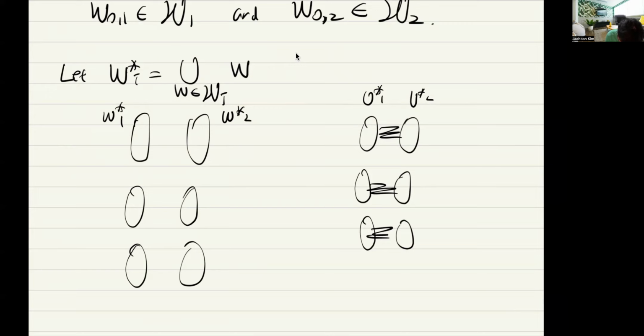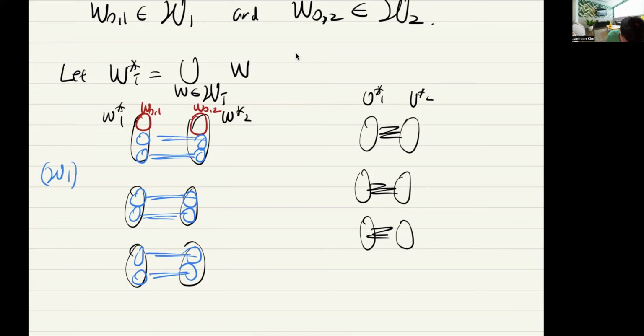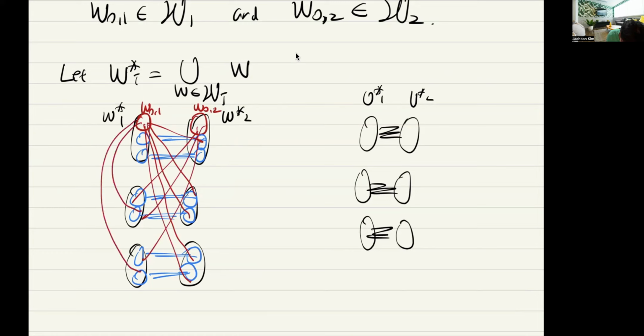And also, what you have now is the following picture. You have a W01, W02. And the rest of them are well distributed so that the edges are here and here by the W1 property of curly W1. But the edges from here to here, there could even be edges to here as well.